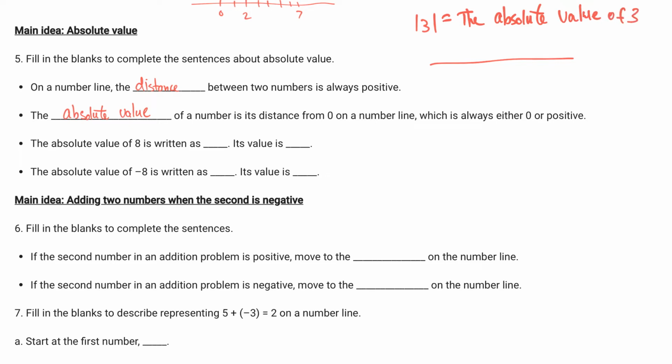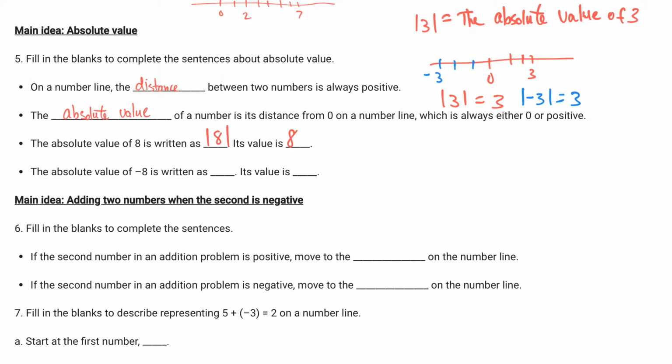Okay, so the absolute value of 3 would be, if I have 0, 1, 2, 3, what is the absolute value of 3? Well, that's 3 because it's asking what's the distance from 0 to 3. It's 3 spaces. But I could also say, if I go over here to negative 3, the absolute value of negative 3 is saying, what's the distance from 0 to negative 3? That distance is also 3. Okay, so if we go back to this, the absolute value of 8 is written like this.